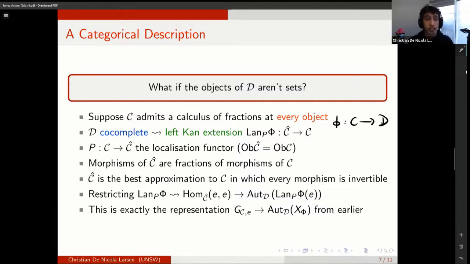So this is quite a nice categorical description of what's happening when we have a calculus of fractions at every object. And something that I would like to think about is what if we don't have a calculus of fractions at every object, maybe just one object? Can we still get the representation of our group of fractions by restricting this Kan extension? So I'm not sure about that at this point.